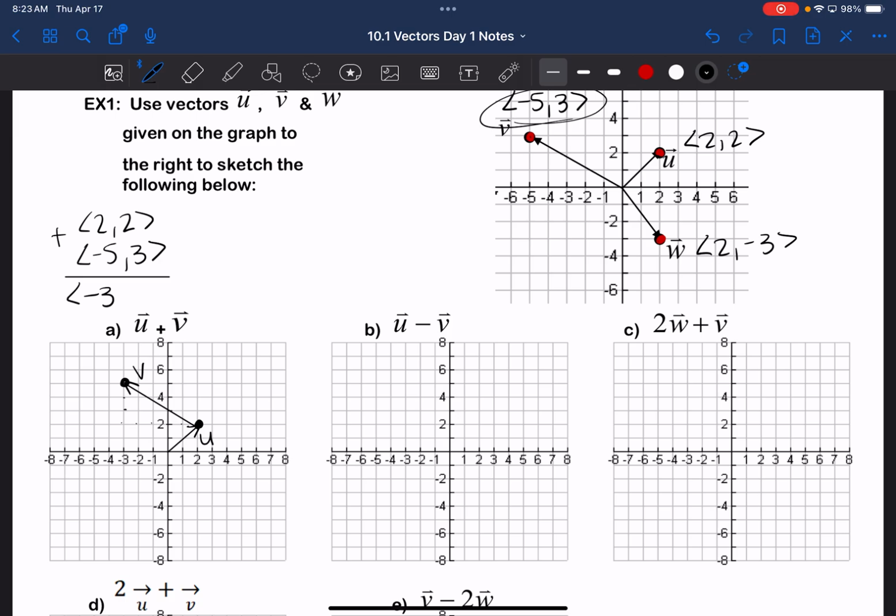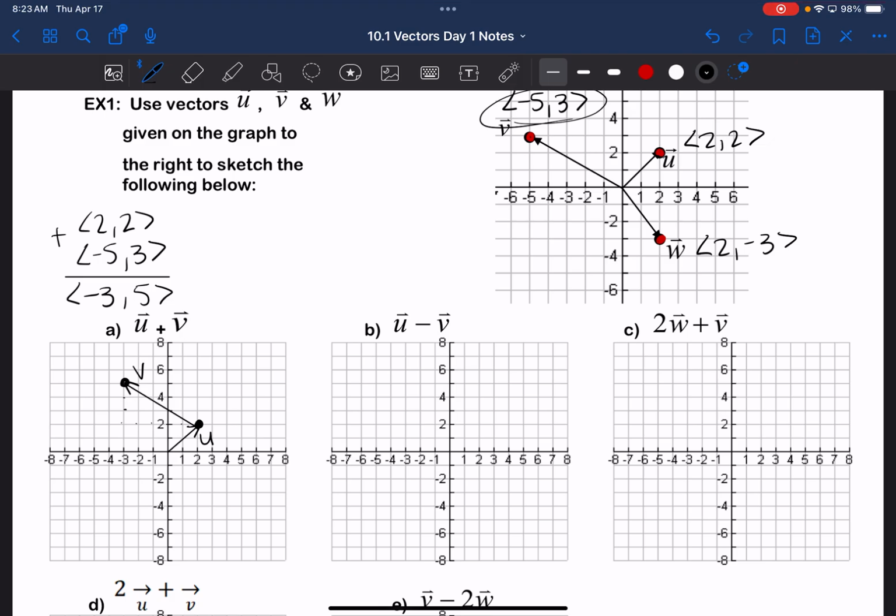And 2 plus 3 would give us 5, right? Which is exactly where we just plotted this point for the terminal spot of vector v. Okay? So like I said, you can do it graphically by just counting the points of the size of the vector. Or if you wanted to do it algebraically, you could just add them together, and it should tell you where your terminal spot is, okay?